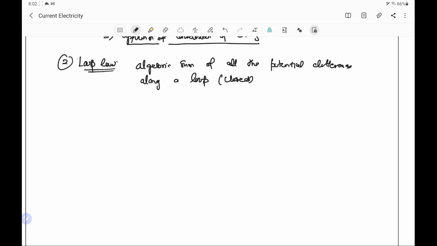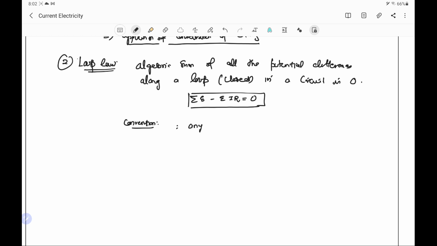Loop is always a closed circuit. We can write it as summation of EMF of the batteries minus summation of potential drops across the resistors is 0.